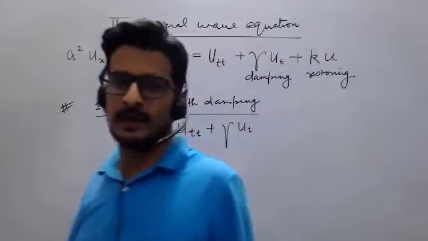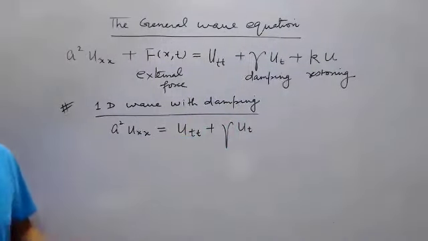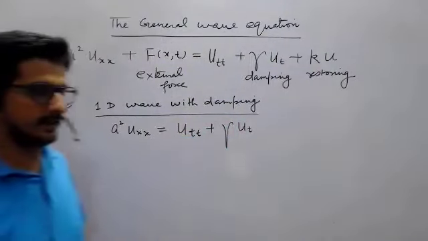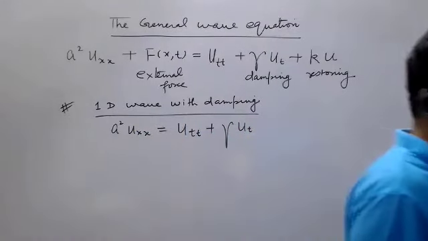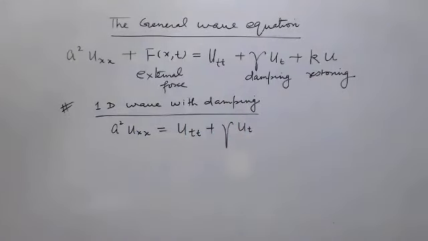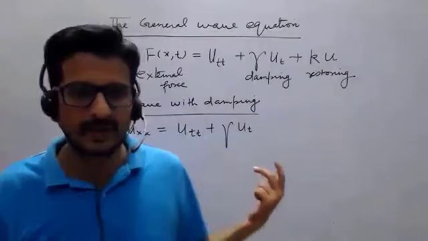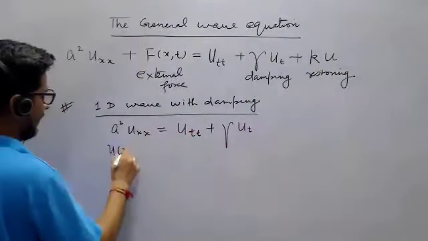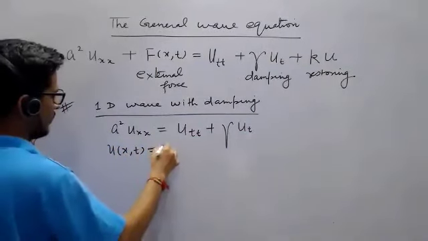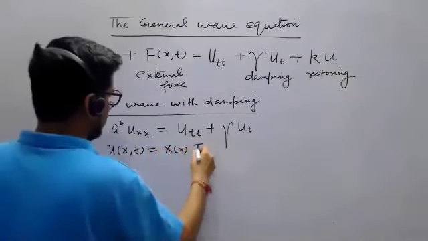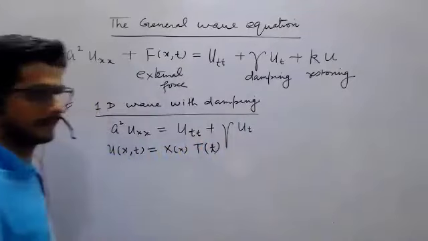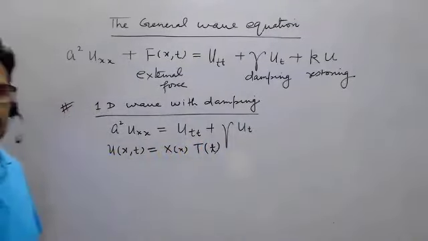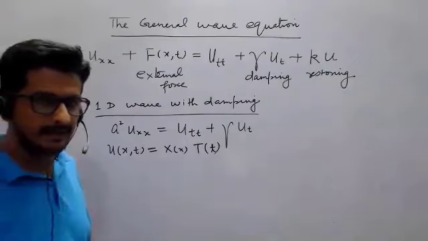Okay, so the method is a well-known method. You know that method is known as the variable separable method. So let us apply that variable separable method. What will happen? So now you are also aware of how to solve this. Look, u of x comma t is equal to capital X into capital T. Correct?